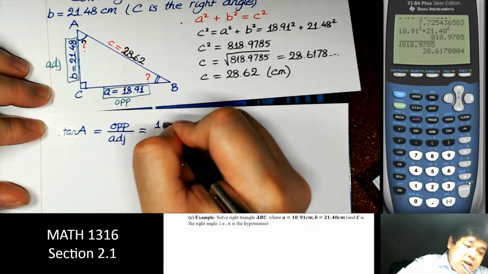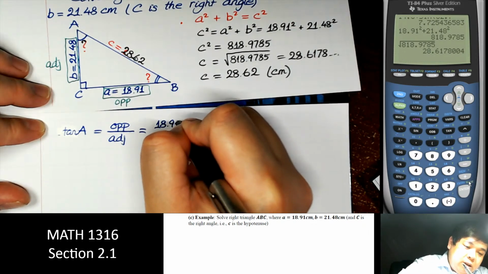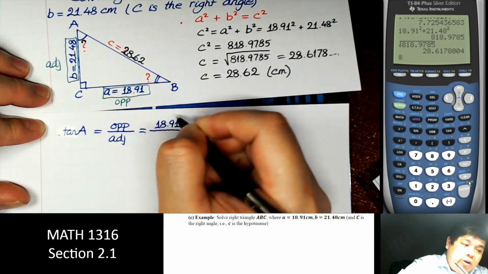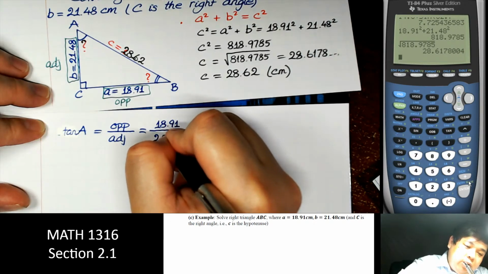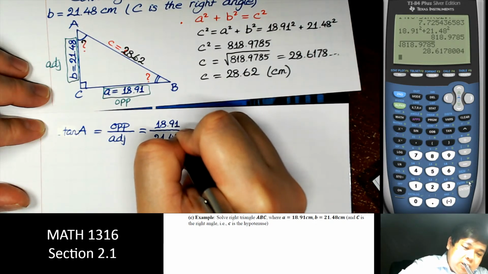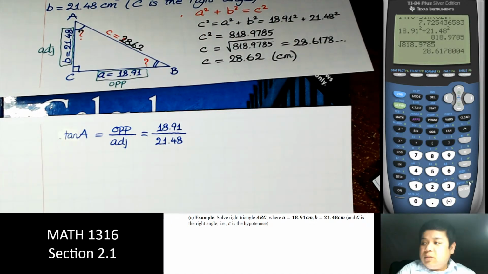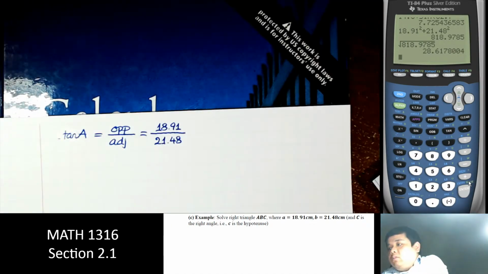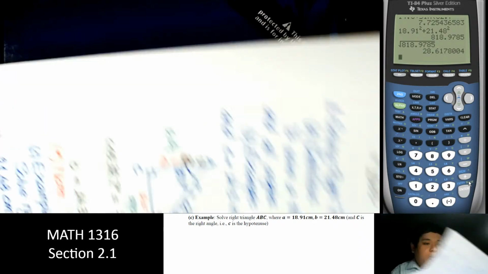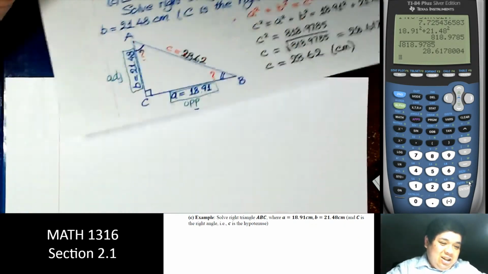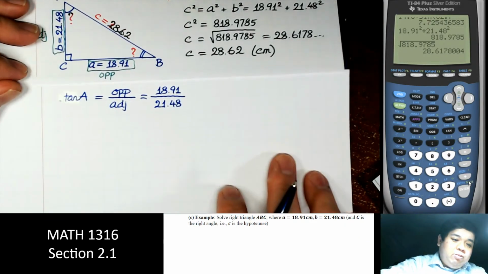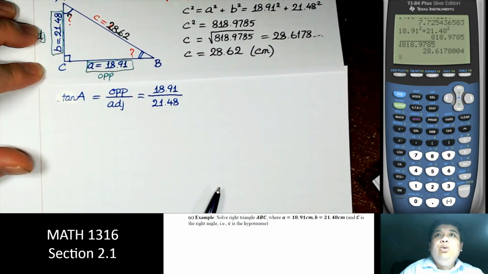Opposite is 18.91 over adjacent 21.48. We will do that first.